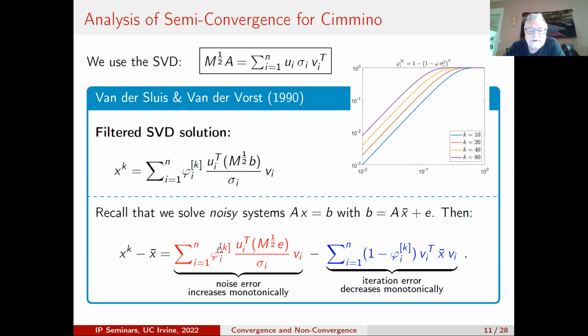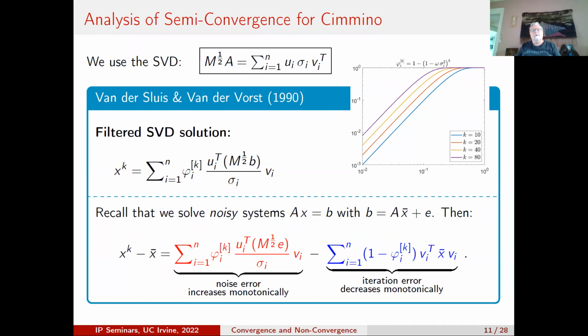On the other hand, we will also include more and more of the noise, because more and more of these coefficients will be larger. So as we do more iterations, we will have an increasing amount of noise coming into the solution. That's how we explain why we have semi-convergence.